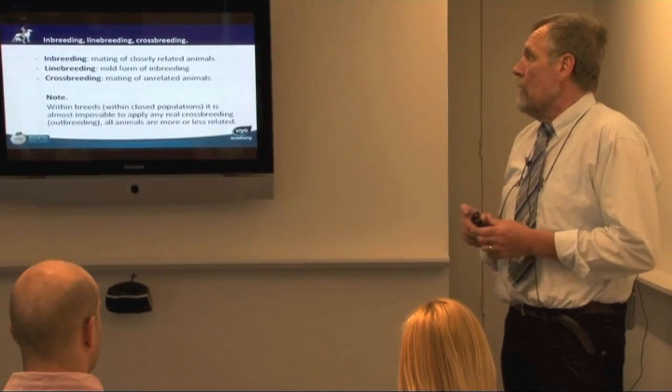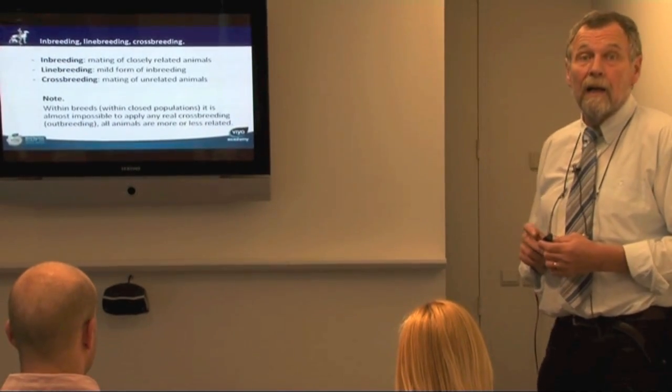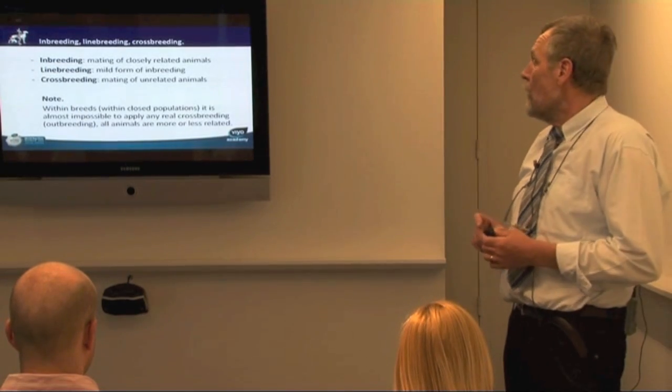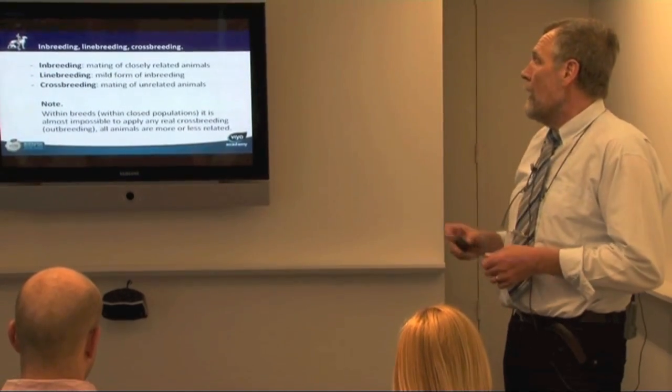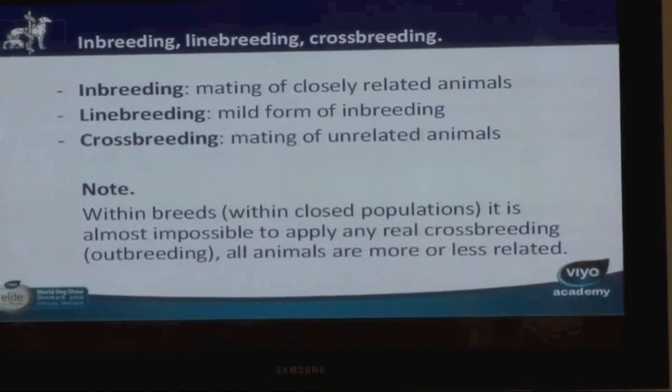But what you should be aware of is that within the purebred breeds we work with, within closed populations, there are hardly any animals that are not more or less related. So the real crossbreeding, in the sense it's defined in genetics, you can't apply within dog breeds.